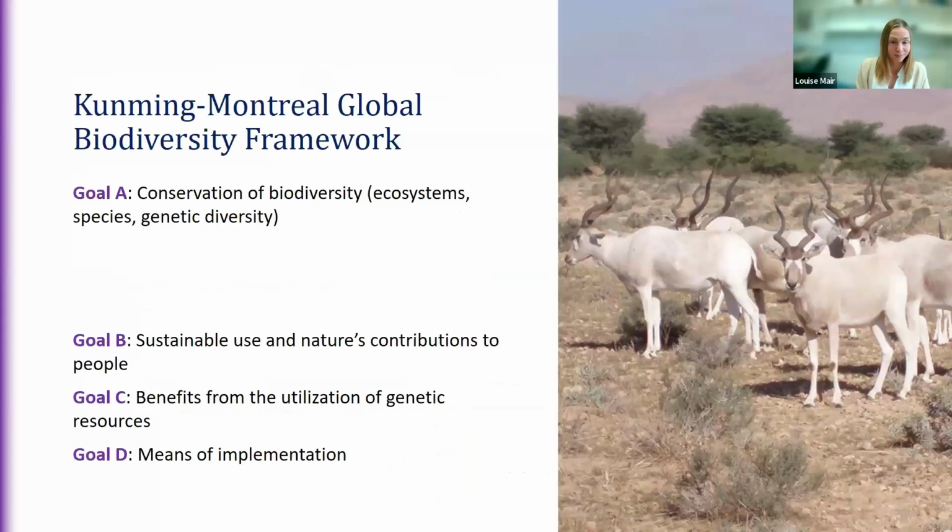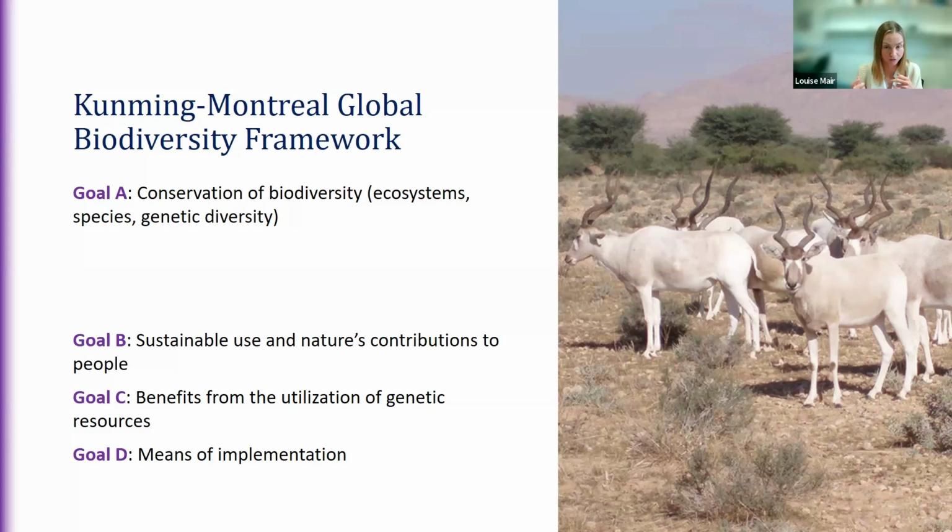For those of you who pay attention to policy, you might be aware that most recently the CBD agreed the Kunming-Montreal Global Biodiversity Framework. So this is a global framework to take us to 2050 in terms of policy goals. The framework is large, it's complex, it has multiple parts. It has 4 overarching goals for 2050.